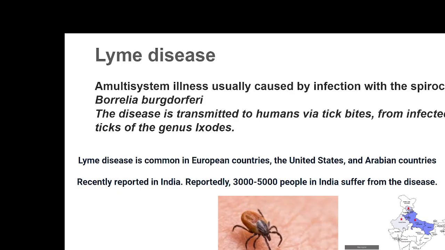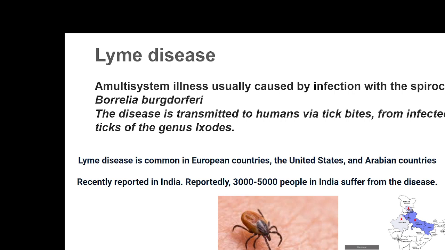Then another condition is Lyme disease. Comparatively, it's rare in India till now, but recently there are some reports of Lyme disease in northern India, particularly Haryana and Punjab. The incidence is increasing. In South India also, certain cases have been reported in the past 1 or 2 years.